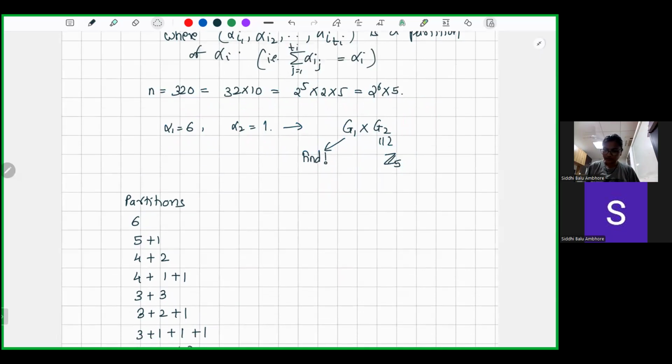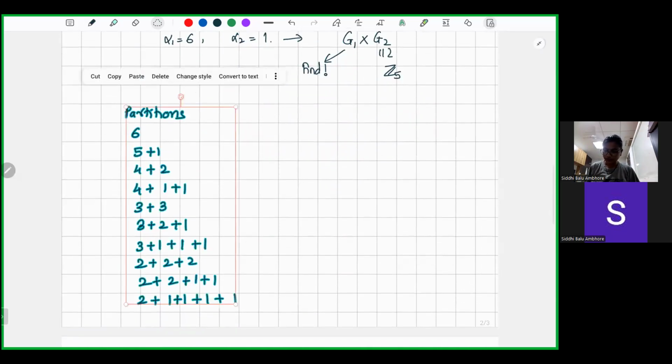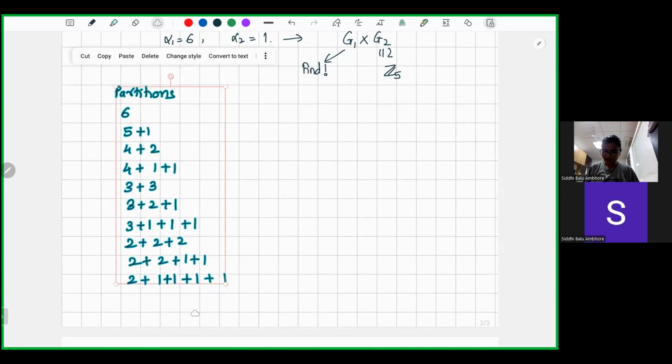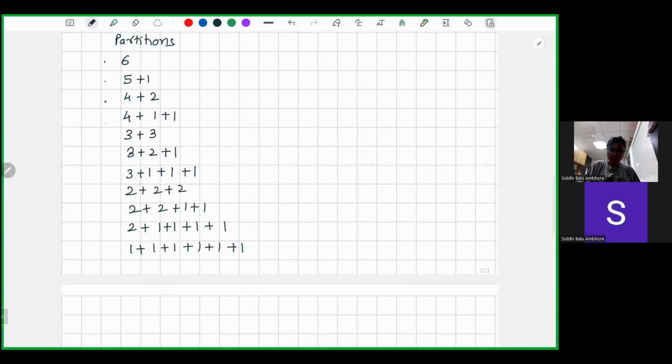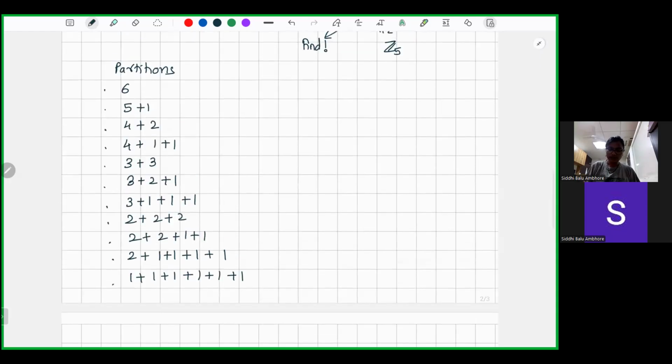And one more partition left, that's it. It will be 1 plus 1, 6 times. And these are 1, 2, 3, 4, 5, 6, 7, 8, 9, 10, 11. So these are 11 partitions.